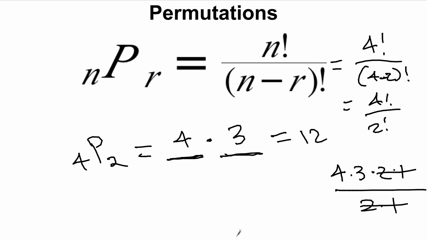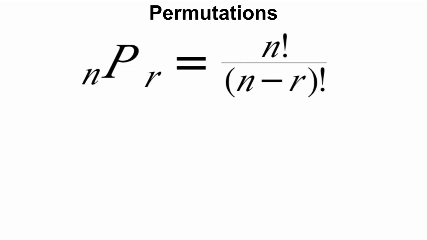Let me take a second here to mention that writing out all the factors isn't the best way that you could do this. I could have written 4 times 3 times 2 factorial, and that's the same thing as I have on the numerator over here, over 2 factorial, and these cancel out. It may seem kind of arbitrary because I'm not writing times 1, but here's a better example.